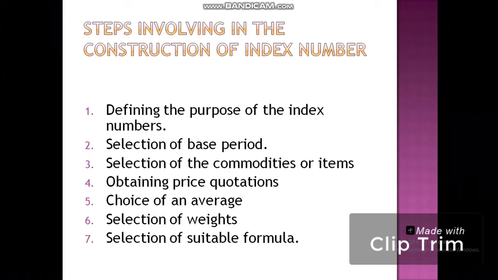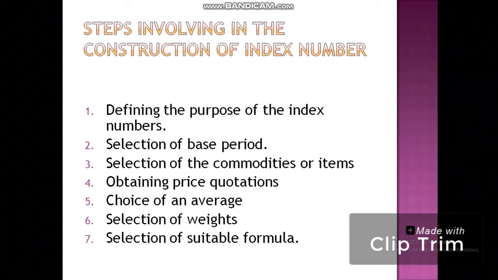Then the last step is to select the suitable formula. We have many formulas in order to construct index numbers, and we'll select the suitable formula based on the availability of the data. For this, I'll give an example. We have a formula known as Laspeyres' index number.